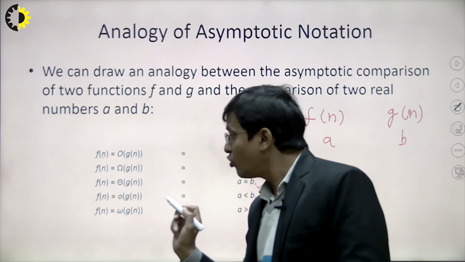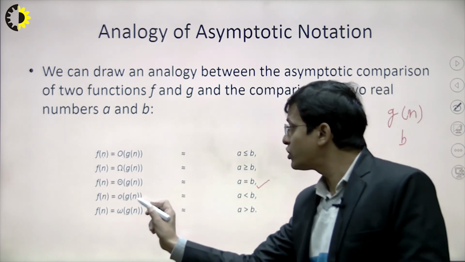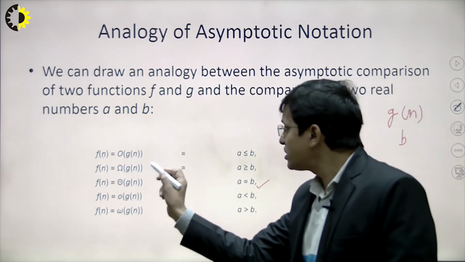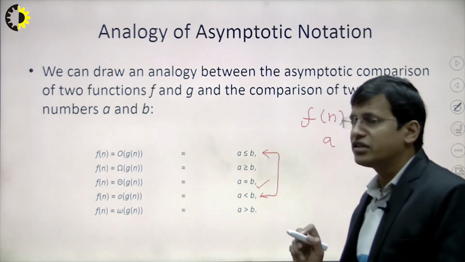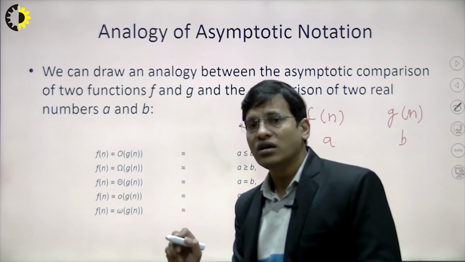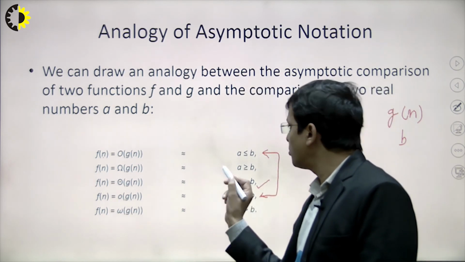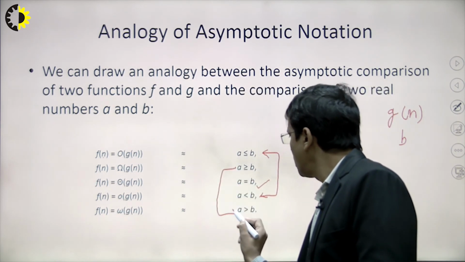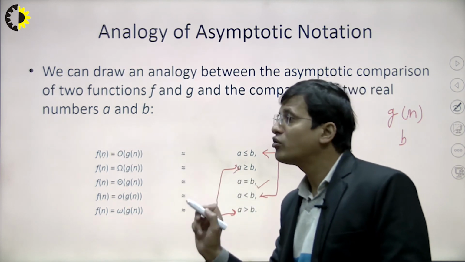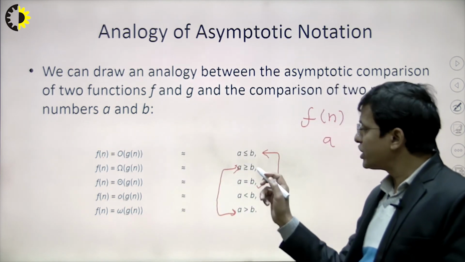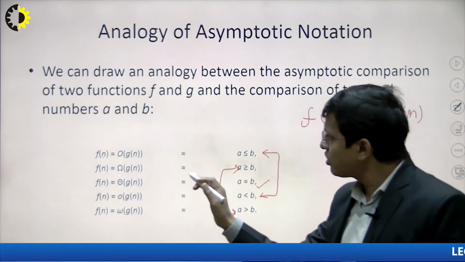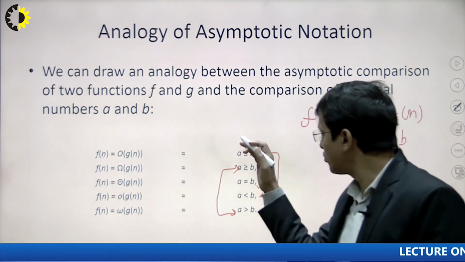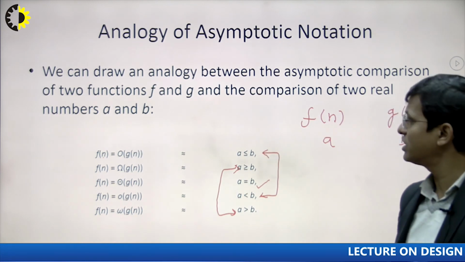Similarly little o notation is just like the big O notation, only the equality will not be considered in this case. Similarly for the little omega notation, that is similar to the big omega notation, right. So this is similar, right. So that's why we can draw the analogy of these notations with the help of these functions, right.